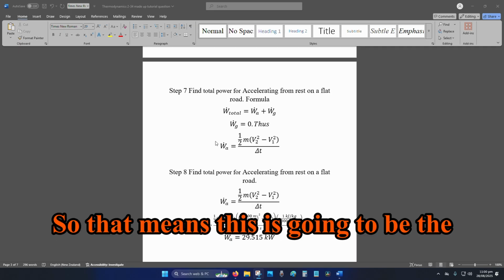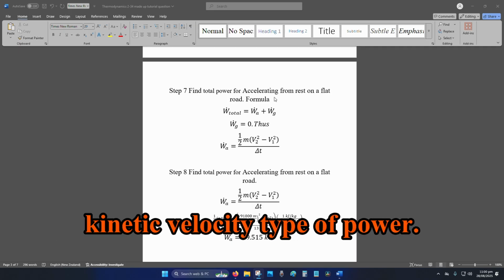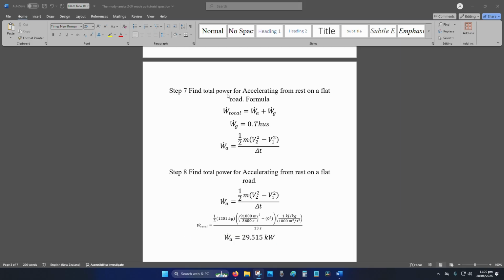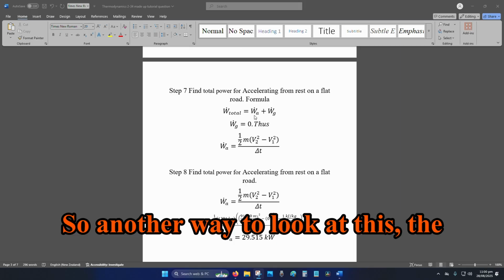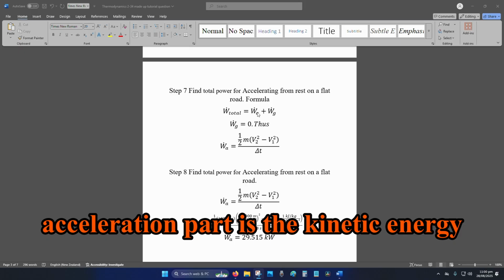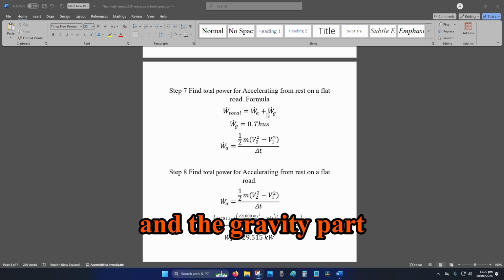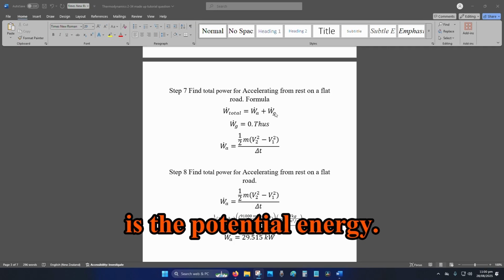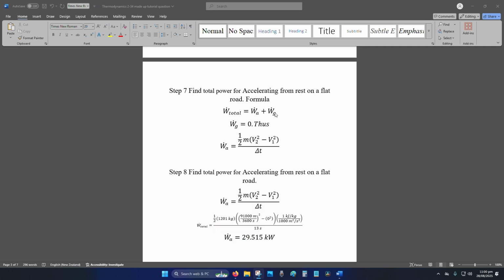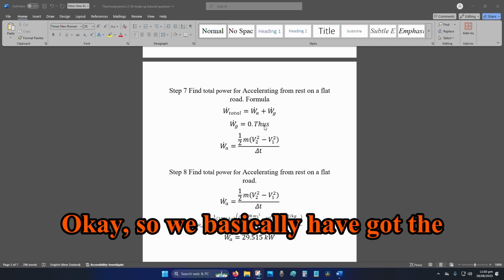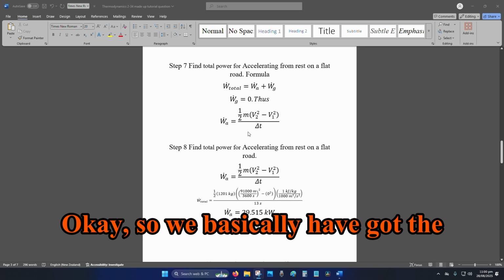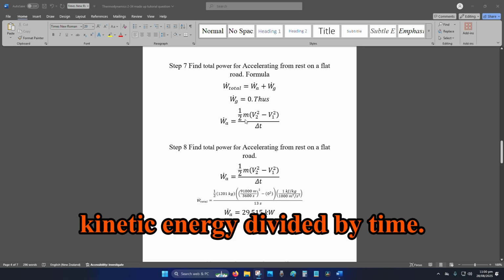So that means this is going to be the kinetic, velocity type of power. So another way to look at this, the acceleration part is the kinetic energy, and the gravity part is the potential energy. Okay, so we basically have the kinetic energy divided by time.